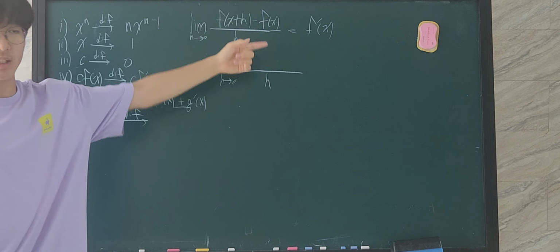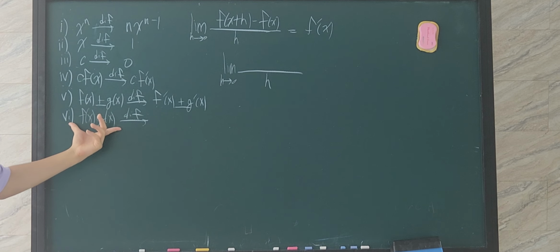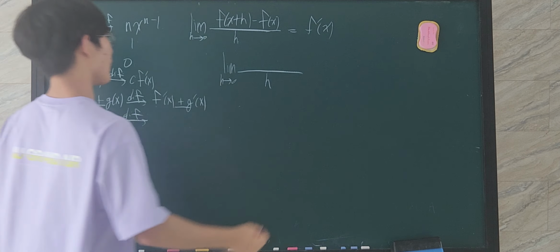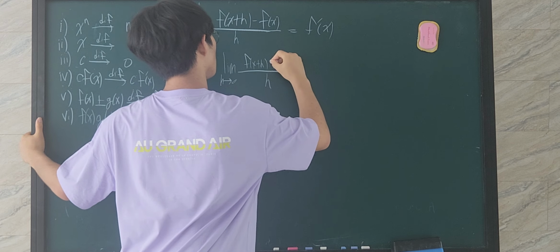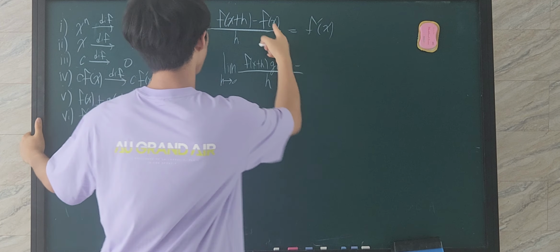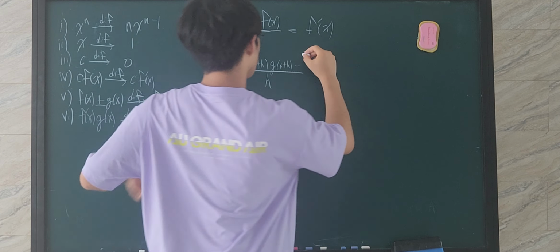So f(x+h): since this entire f(x)g(x) is the function that we want to calculate the derivative function of, let's input x plus h in both of these functions. So we are going to get f(x+h)g(x+h) minus f(x)g(x).